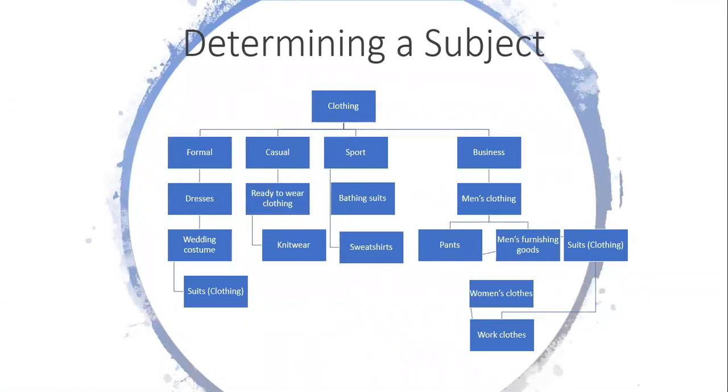I know that you guys aren't going to sit at your desks and do this for every item you have to catalog, but for this presentation, I came up with a chart of topics that we could possibly look at. I started with that super broad category of clothing, and then parsed it down into formal, casual, sport, and business, and then went down into even narrower topics.